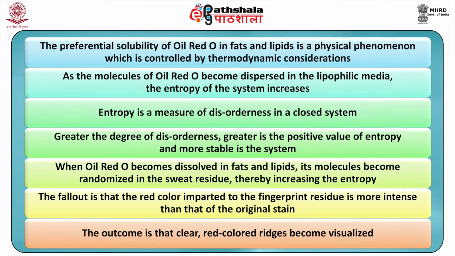The preferential solubility of oil red O in fats and lipids is a physical phenomenon which is controlled by thermodynamic considerations. As the molecules of oil red O become dispersed in the lipophilic media, the entropy of the system increases.